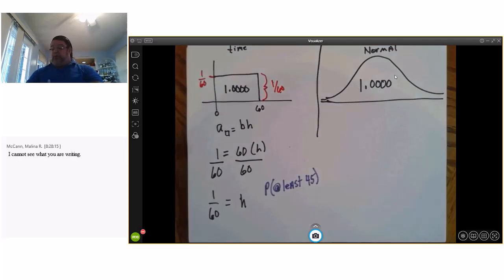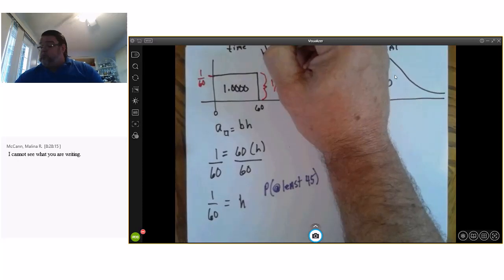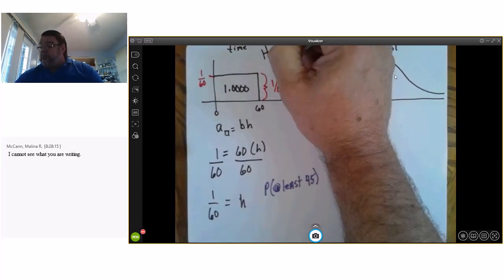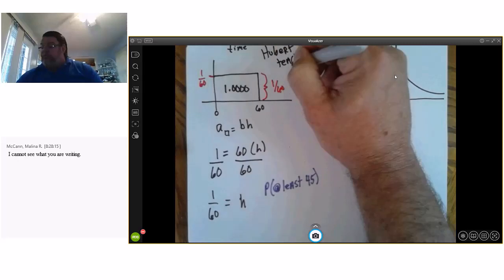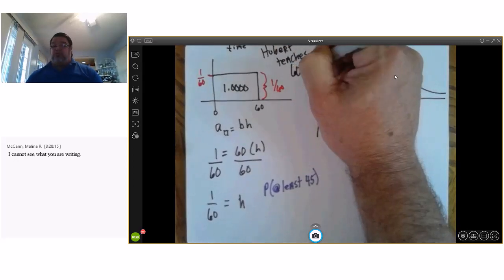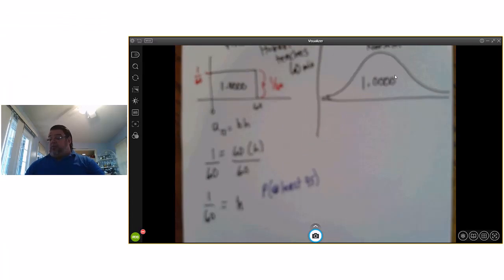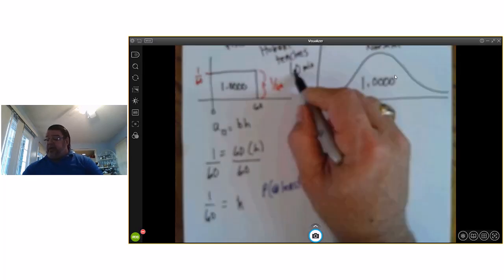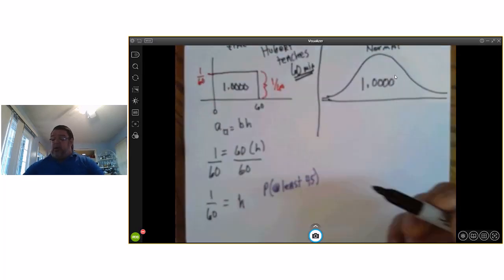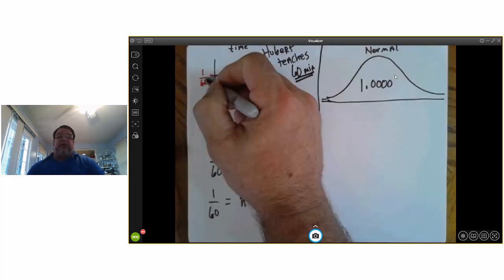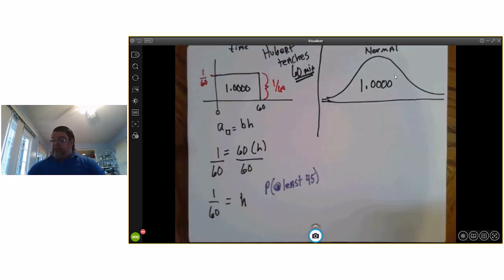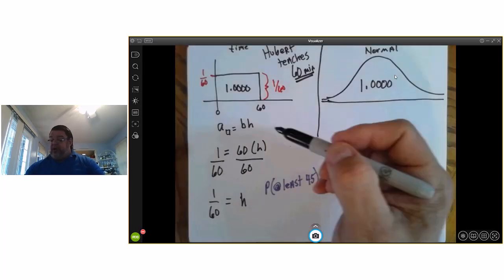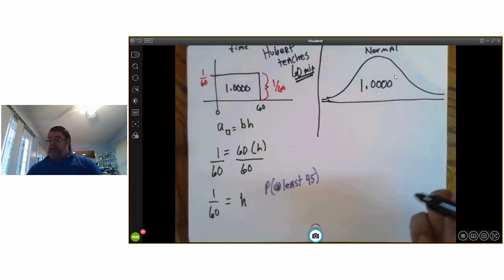The question up here will say, Hubert teaches for 60 minutes, usually, okay? It'll be a very short paragraph, and they give you the base right here. Sometimes they will automatically give you the height. Sometimes you have to calculate it. But it's always going to be 1 over whatever the base is, okay?